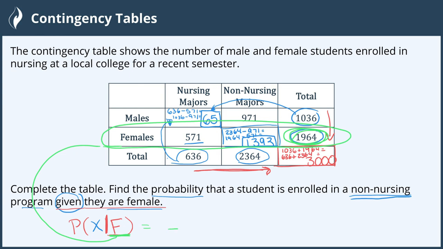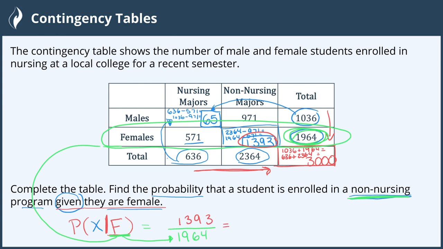So this is the total for the denominator, 1,964. This is the bottom for the given. And we want to know the probability that this student is a non-nursing major. So we'll go back to our female column, and we're looking for the non-nursing number, which we have here in the non-nursing column. That is 1,393.